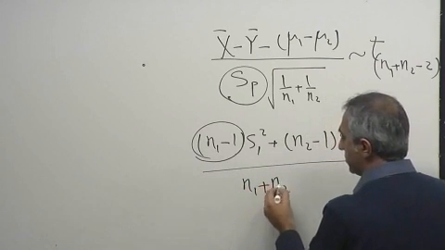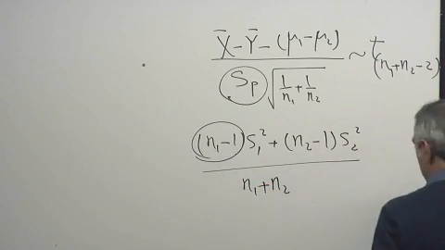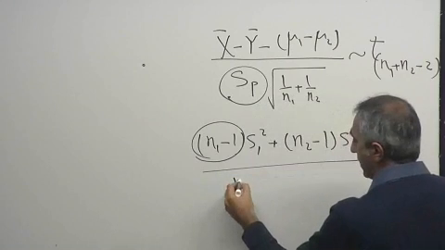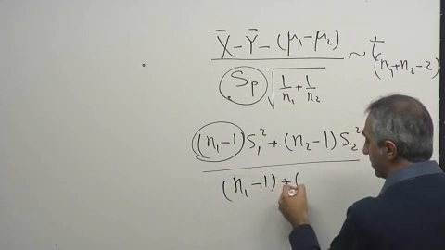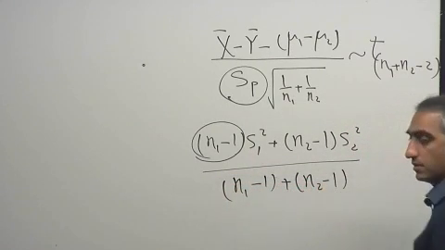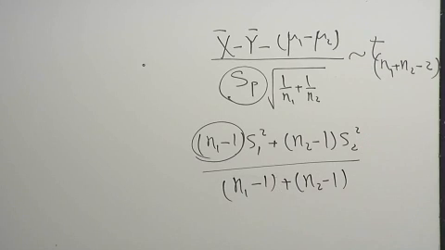N1 plus N2, or let me write it down like this, because this is a weighted average, I need to add up the weights, which is N1 plus N2 minus 2. Does it make sense? And that's the estimate. I use it here.